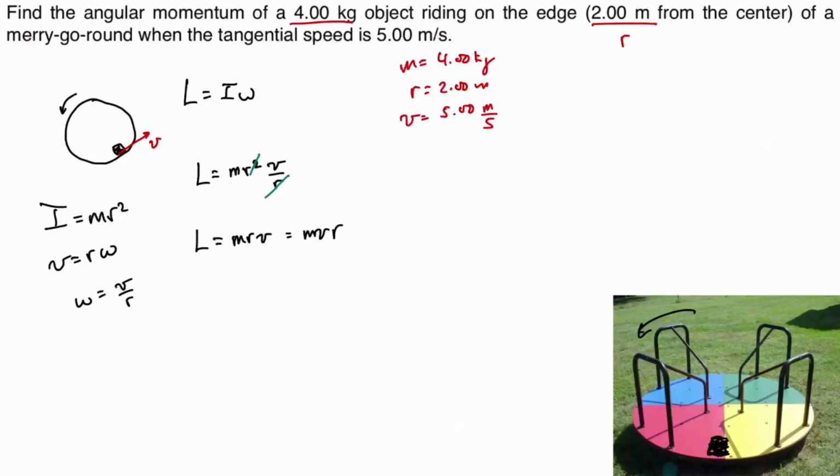But notice this angular momentum right here in the box is written down in terms of not angular quantities. M's, V's, and R's, right? Not omegas, not I's.